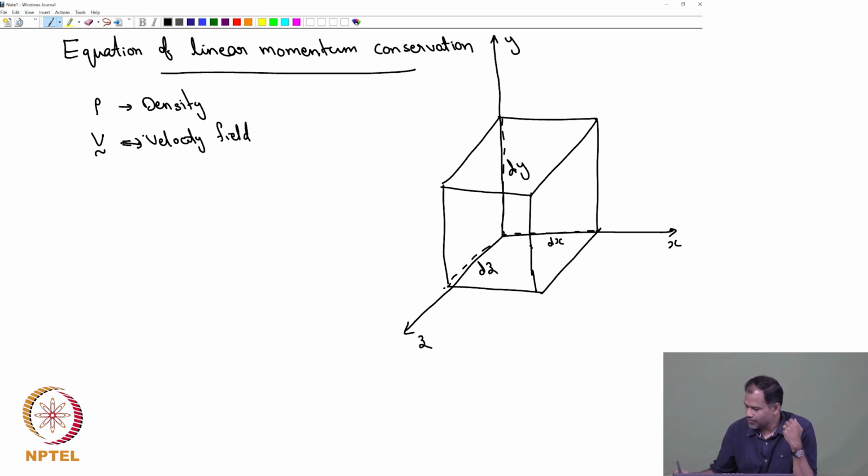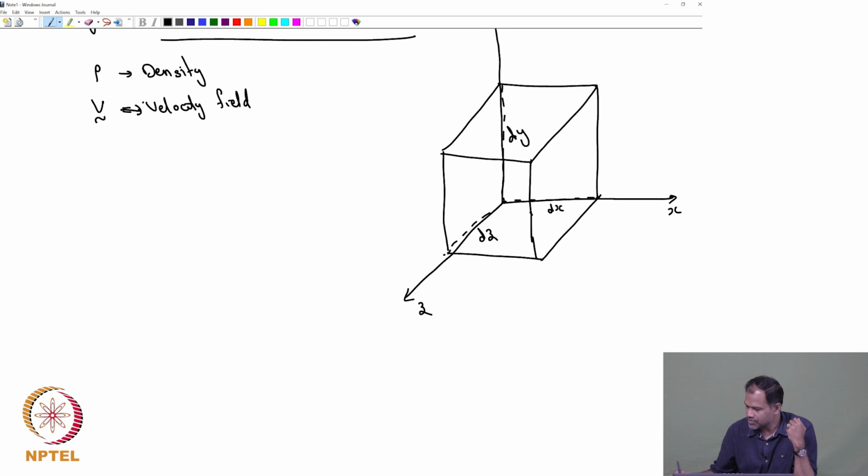Just as we proceeded yesterday, we will talk about momentum in and out through each face. Let us say the first face that we are going to consider is what I have marked with red color. That is a face that is perpendicular to the x direction and its area is dy dz.